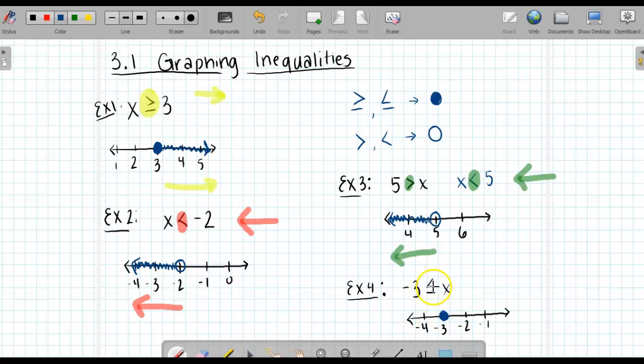And notice it looks like it's pointing to the left, and I'm feeling like I should shade that way, but first I've got to rewrite this.